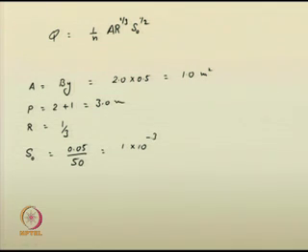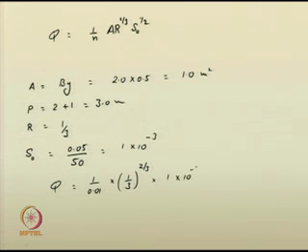Substituting these values, Q is observed to be 1.5203 meter cube per second. This is the observed discharge.